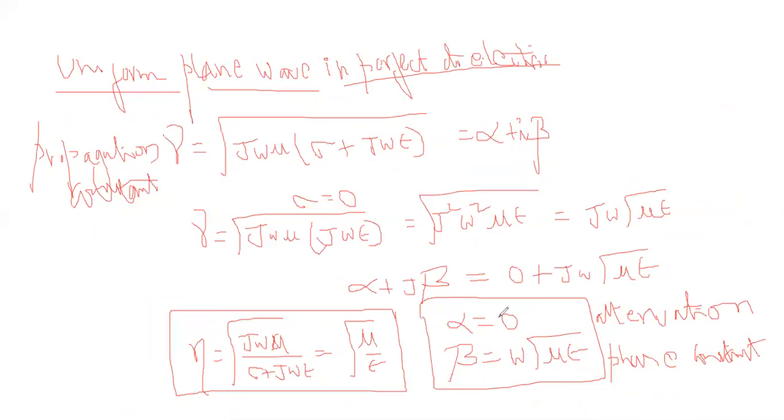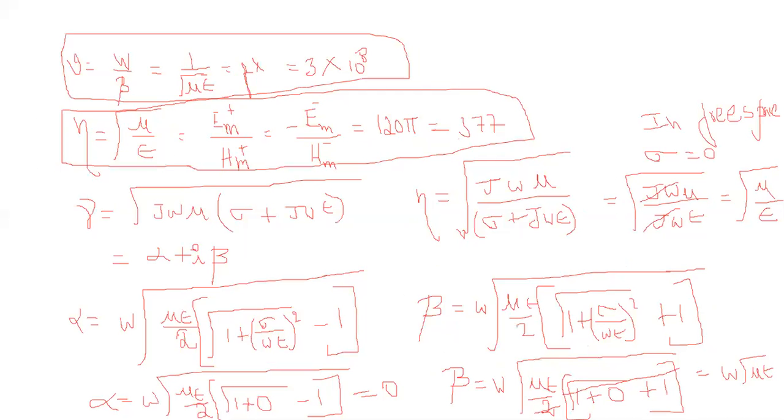Alpha is 0 and beta is omega square root of mu epsilon.